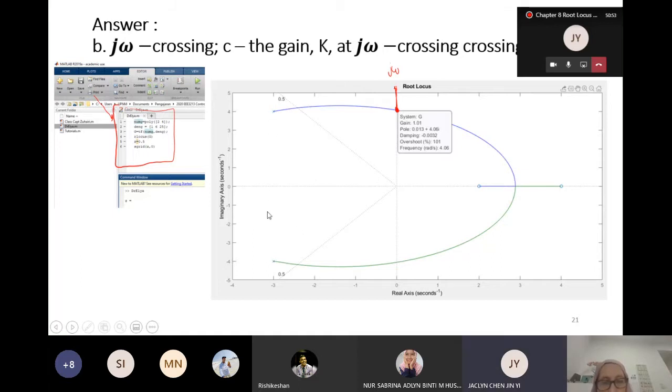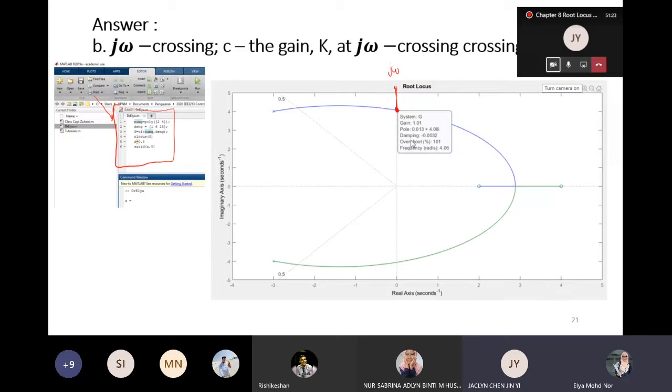So the poles are moving to the zeros. In this case, it's very straightforward because there are two poles and two zeros. So one pole goes here and one pole goes to this one. This pole will go into the zero, and the green locus here will go to this zero.